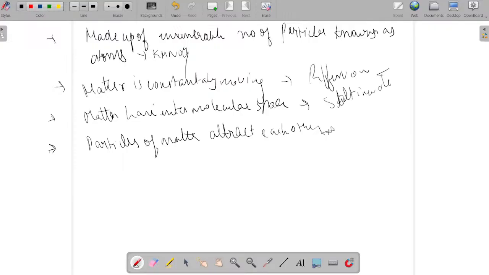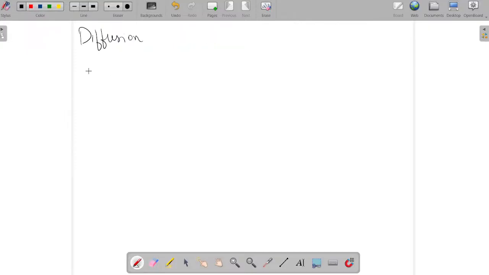Now we are talking about diffusion. Diffusion is when particles of matter intermix on their own. They do so by getting into the spaces between the particles.